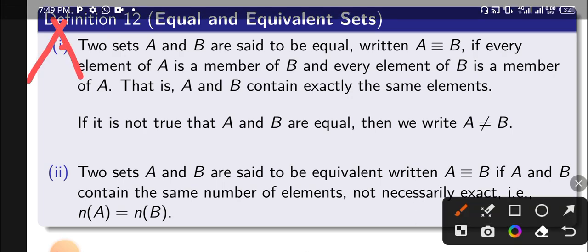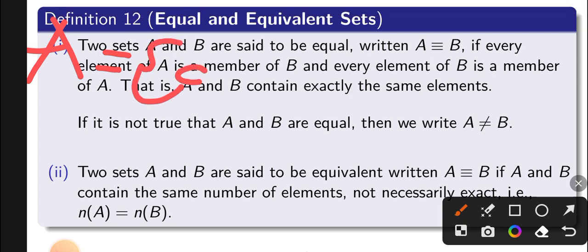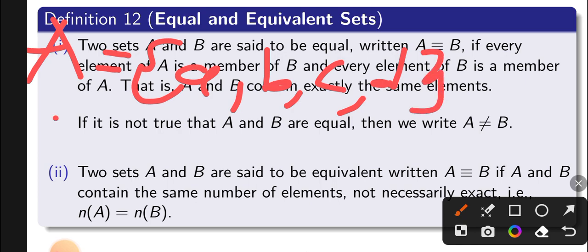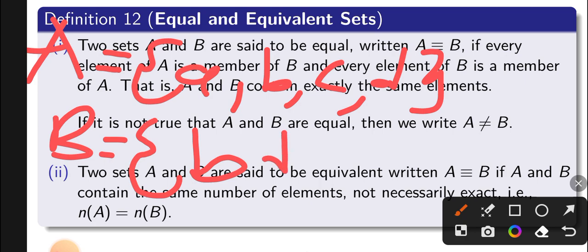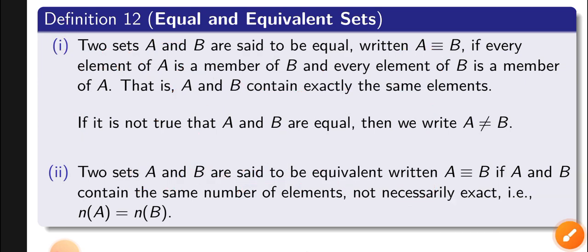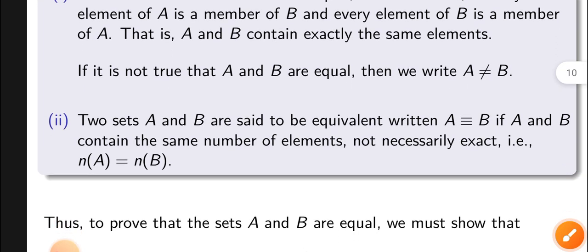We have A = {a, b, c, d}, and B, they might not be in order, let me say B = {b, d, a, c}. Because these are the same elements, we say A and B are equal. Equal, not equivalent, equal.